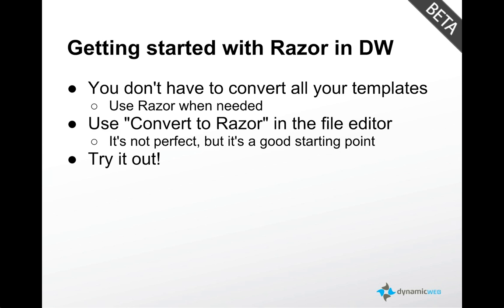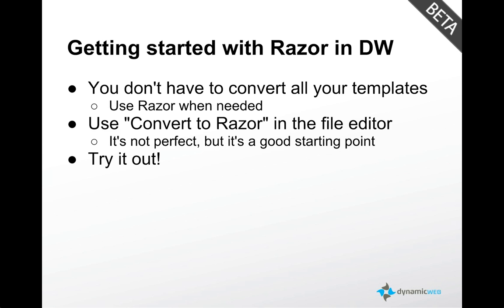For instance, if you want to make sure that a product description containing more than 50 characters is chopped off, you can easily convert your product template to Razor, and then use the Razor methods to show only the first 50 characters and then add 3 dots after that.